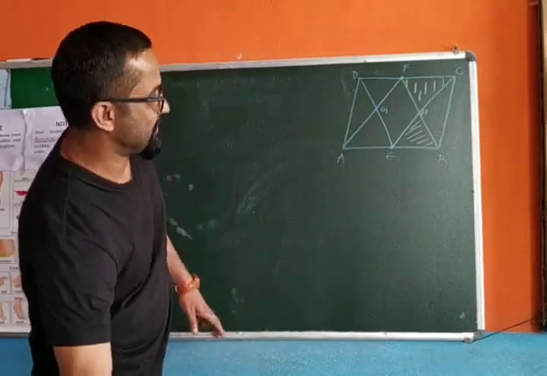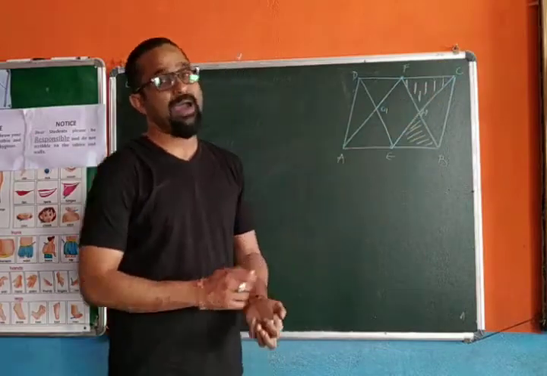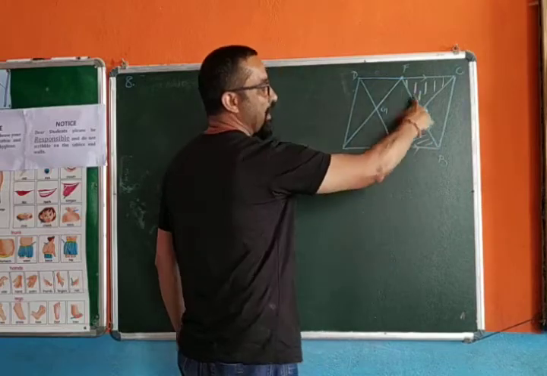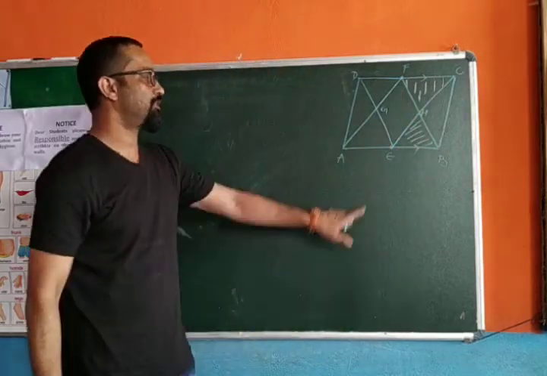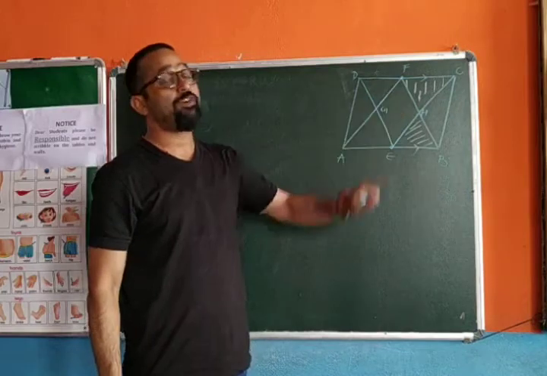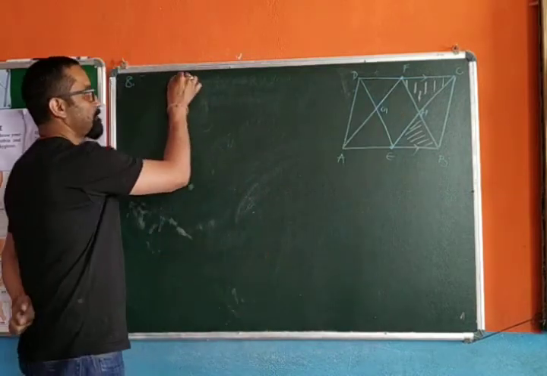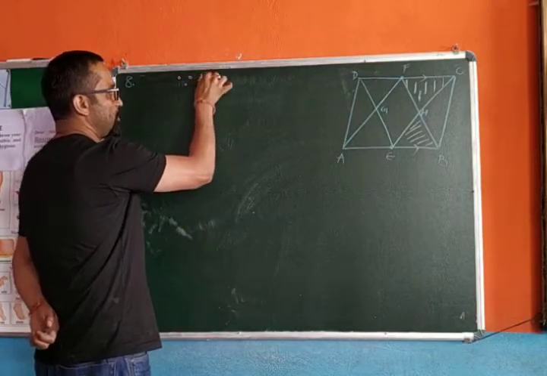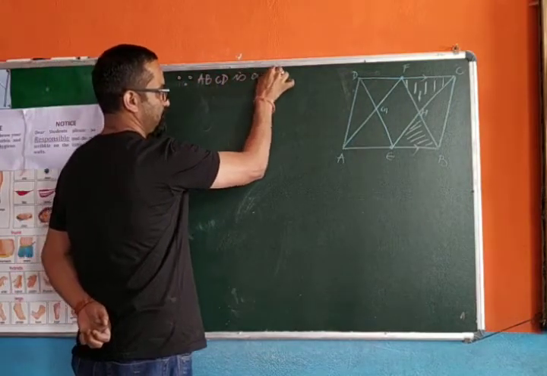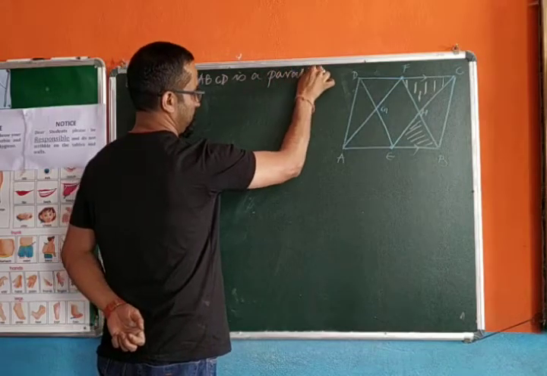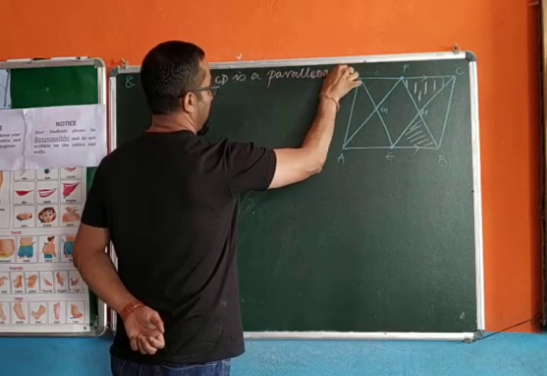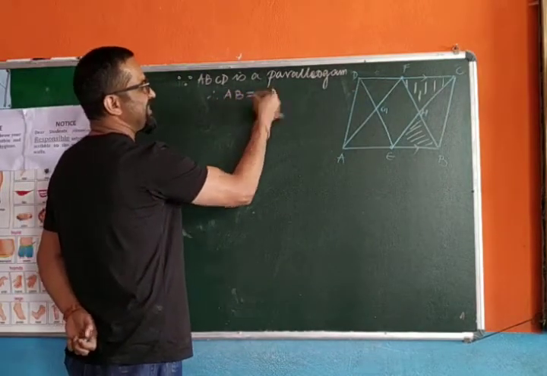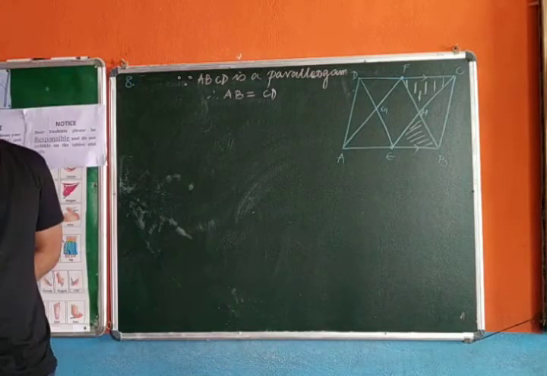You can prove it easily because you know the sides are parallel, two lines are intersecting each other, and E and F are midpoints. Since ABCD is a parallelogram, therefore AB will be equal to CD. Opposite sides are equal.